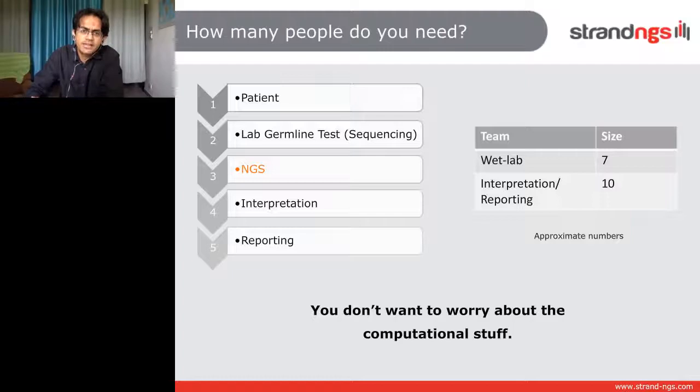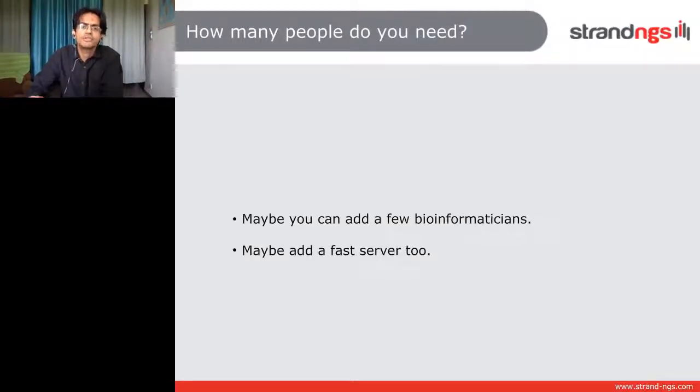And maybe you can add a few bioinformaticians, certainly to look at the output of the NGS software step, and add a fast server, and maybe you just want to forget about it. And is that enough?